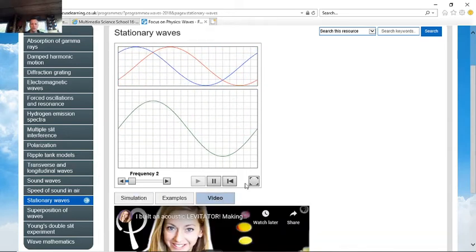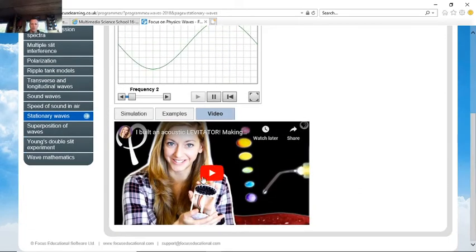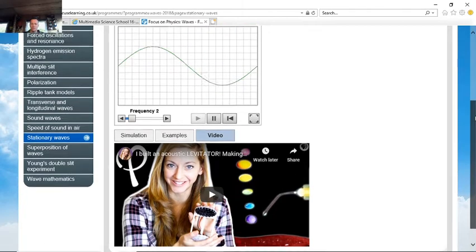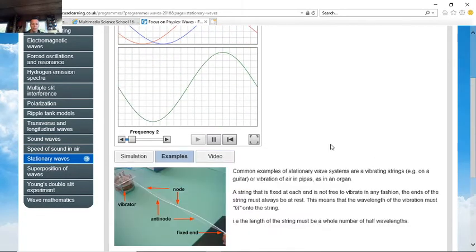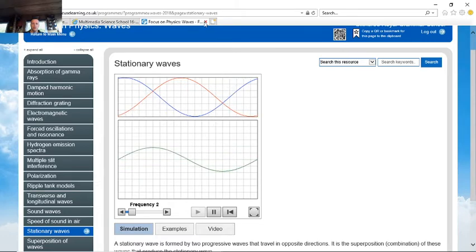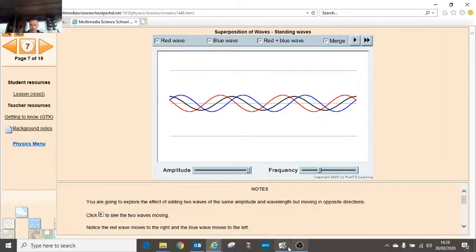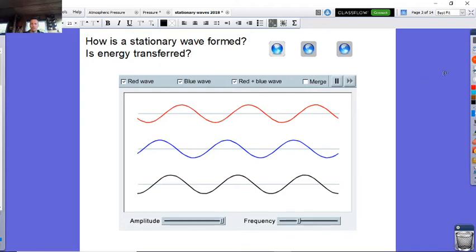You've also got a little video showing stationary waves as well, and you can have a look at that at the same time. And you've got examples of stationary waves we've got to look at later on. But anyway, have a play around with that, and I'll put the link on my little Edmodo post later on.